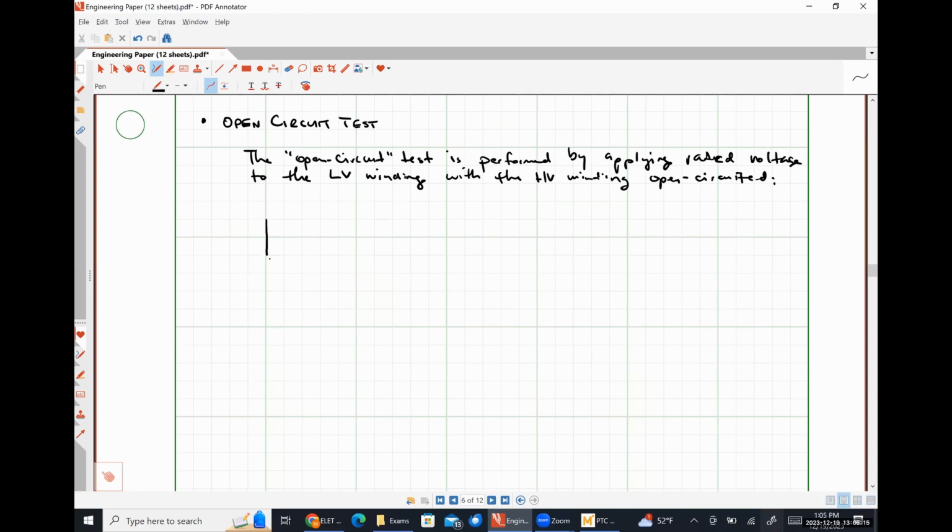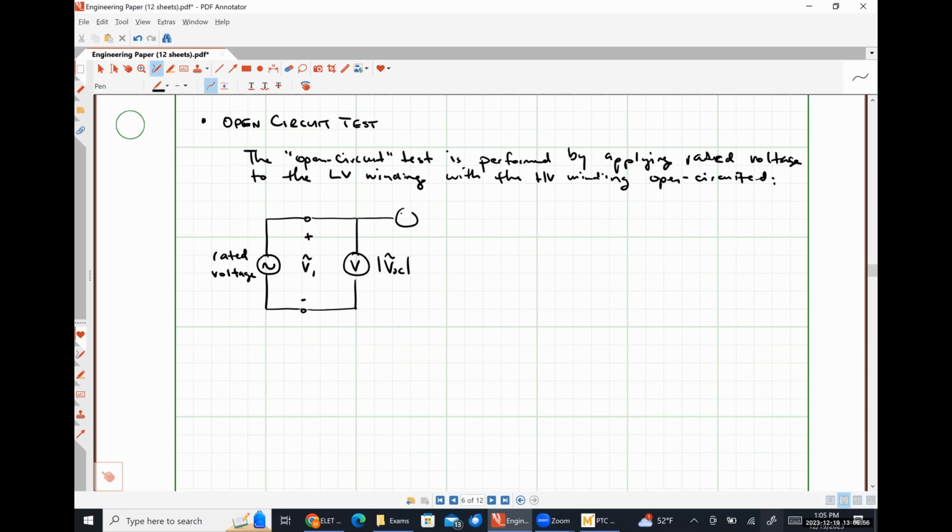Okay. So this is just my generic excitation source where we are applying rated voltage. And we are going to be measuring the magnitude of the open circuit voltage, the RMS value, with a voltmeter. This is going to be the voltage V1.